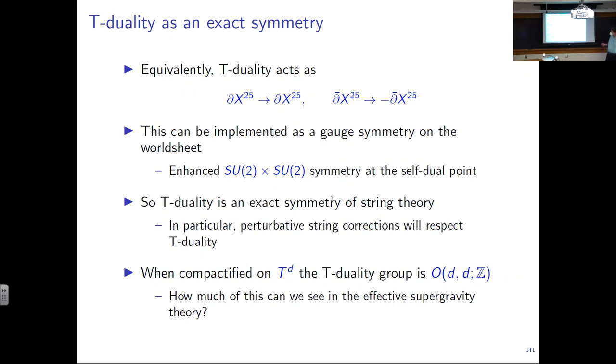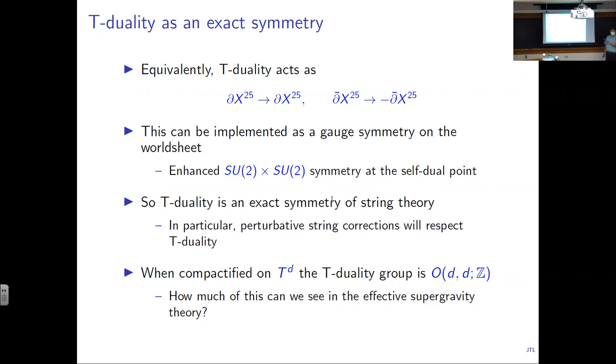And from this point of view, it's not very obvious from this slide that I wrote over here, but it's familiar that if you think about circle compactification, we do have a U(1) gauge symmetry that's enhanced at the self-dual point. At R equals square root alpha prime, R goes to 1 over R stays at the self-dual point. You have an SU(2) times SU(2) enhancement.